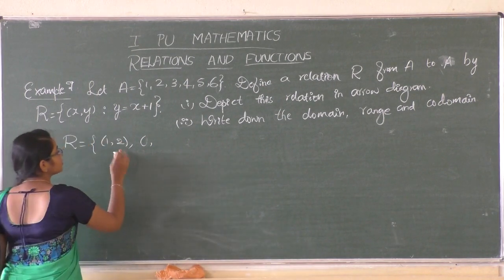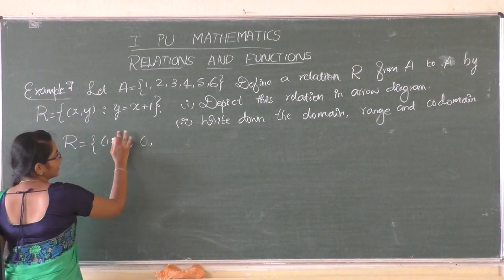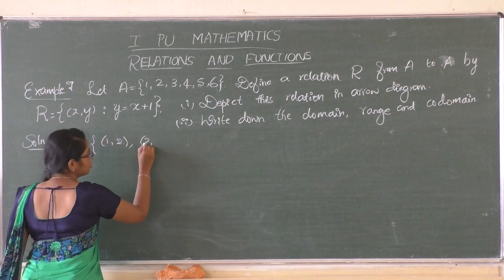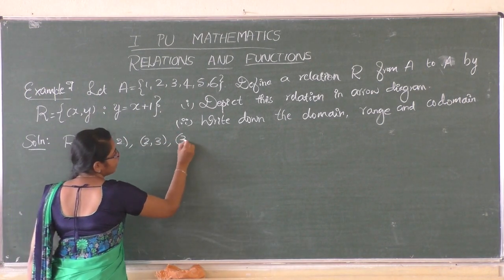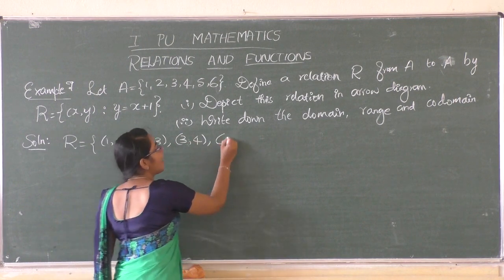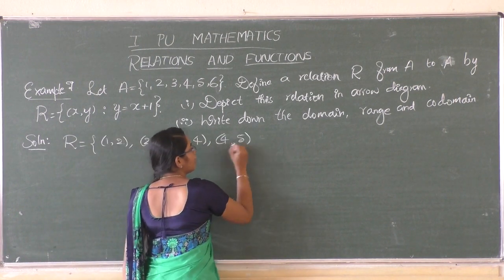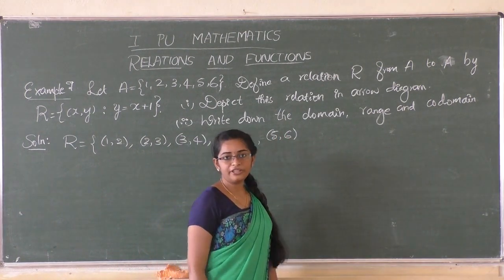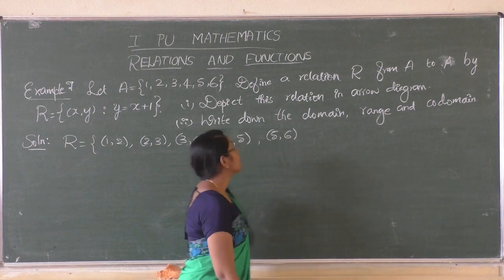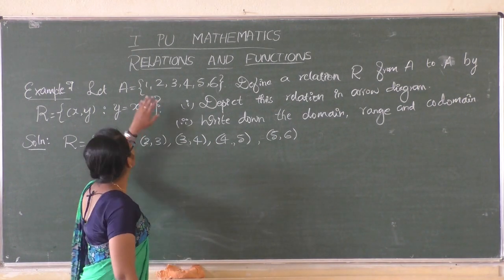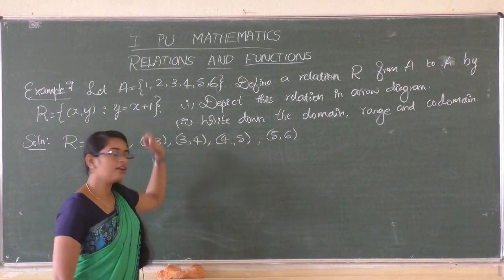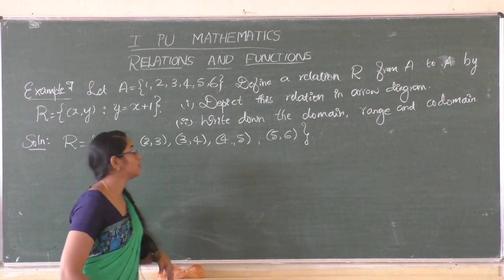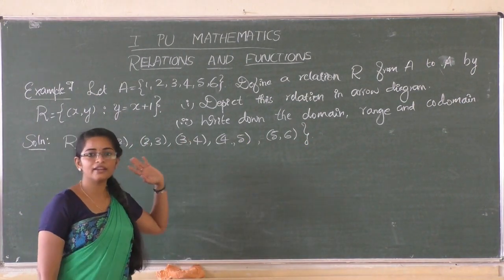No, because the second element should be one more than the first element. So here 2, 3 I can write, 3, 4 and 4, 5 and 5, 6. Can I write one more element here, 6, 7? No, why? 7 does not belong to A, right? So this is the relation from the set A to the set A.